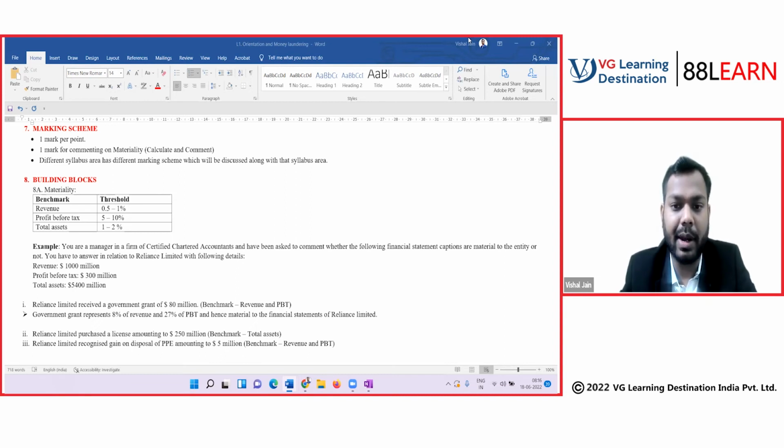Got one comment: license represents 4.6% of total assets and hence material to the financial statements of Reliance Limited. That's a very good answer, Siddhant. I'll just copy paste it.